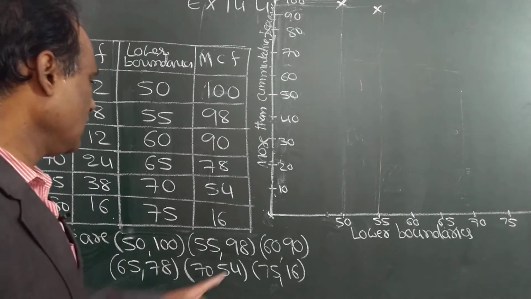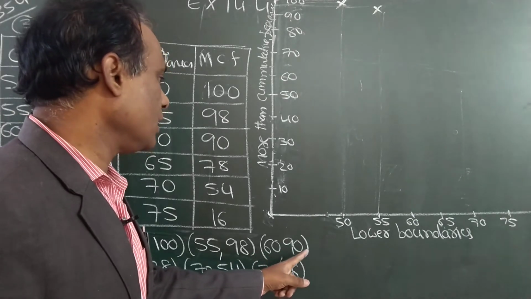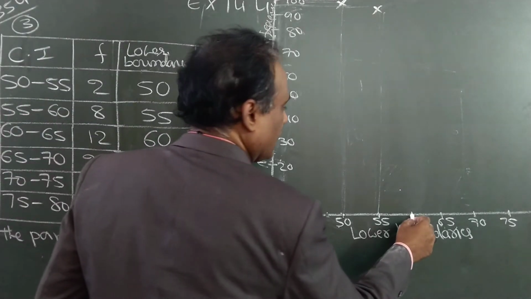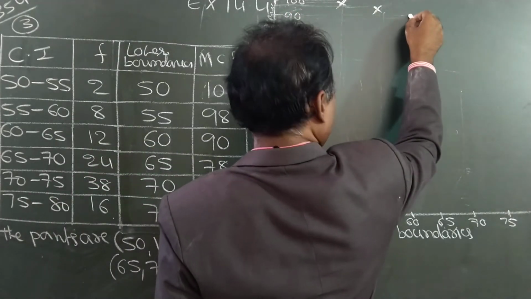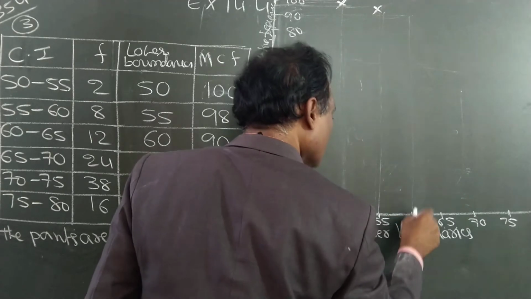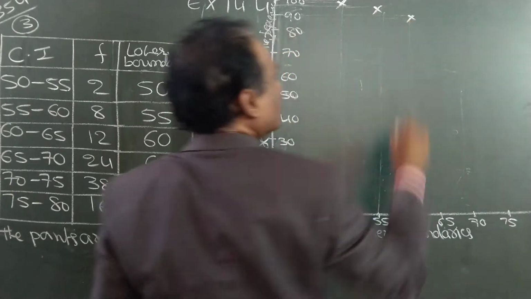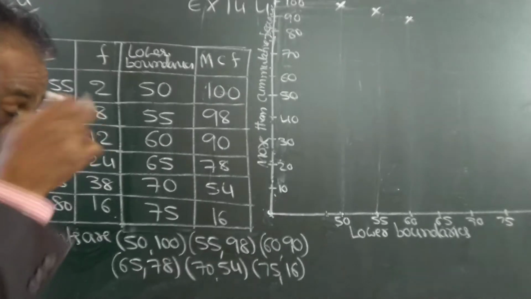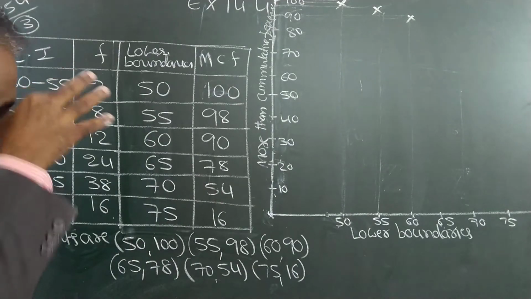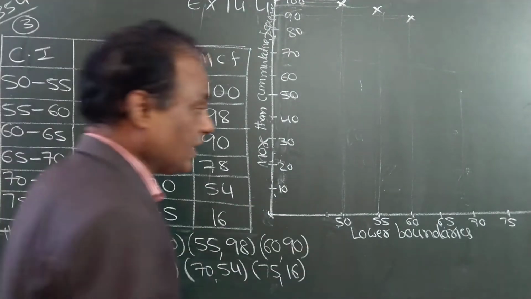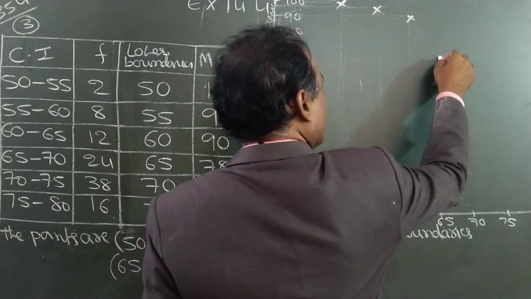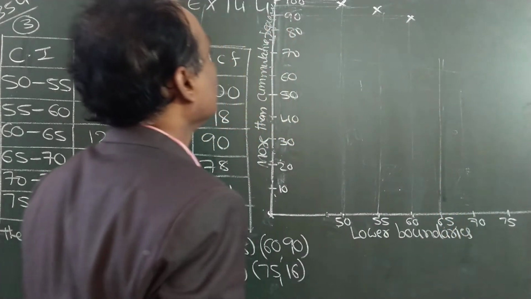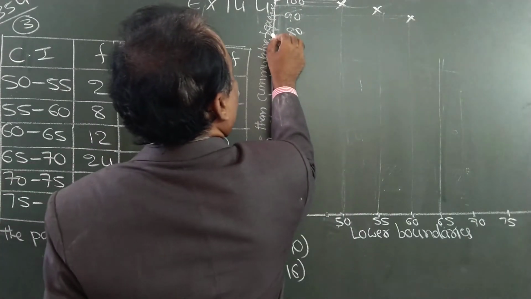Next, 60, 90. Then 65, 78, just less than 80.